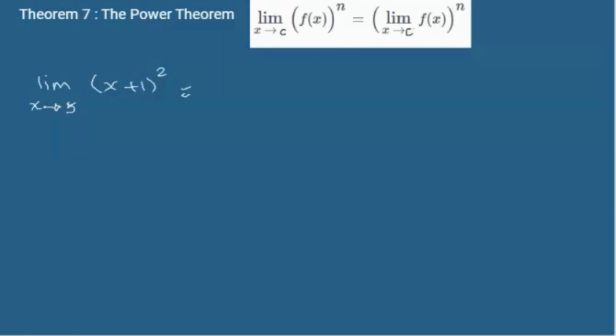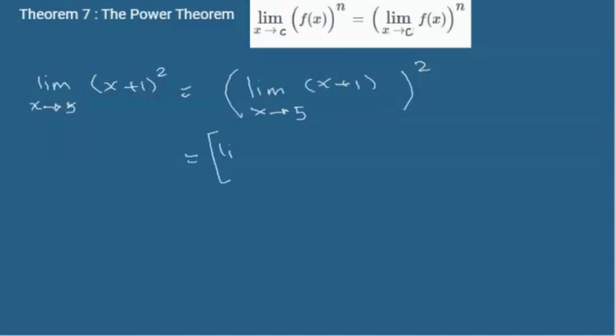Applying the power theorem, this is equal to the square of the limit of x plus 1 as x approaches 5. Then let's simplify.